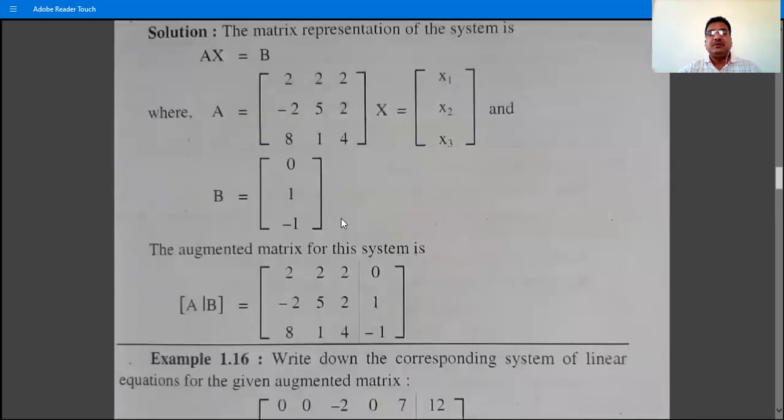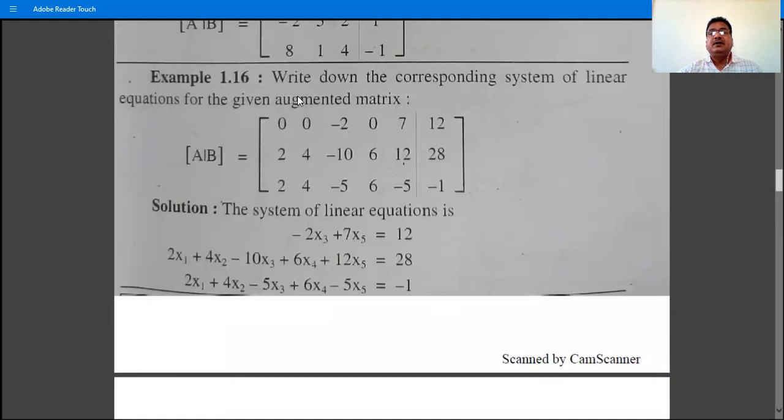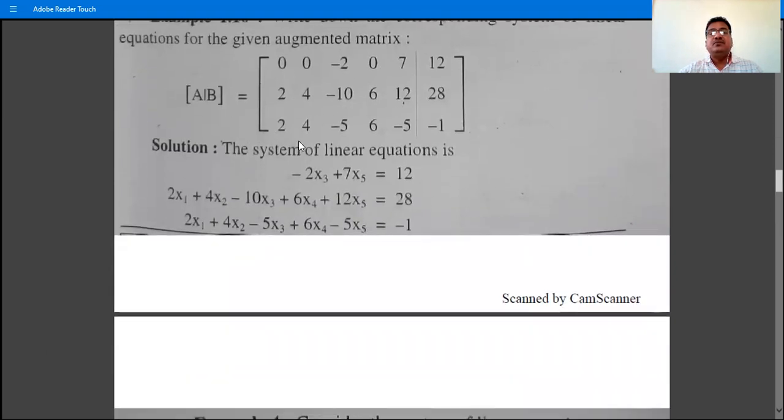So for this system, write down the corresponding system of linear equations from the augmented matrix. We are given the augmented matrix and we have to write the system. What is the system? 0 into x1 plus 0 into x2 plus minus 2 into x3 plus 0 into x4 plus 7x5 is equal to 12. The second equation is 2x1 plus 4x2 minus 10x3 plus 6x4 plus 12x5 is equal to 28.